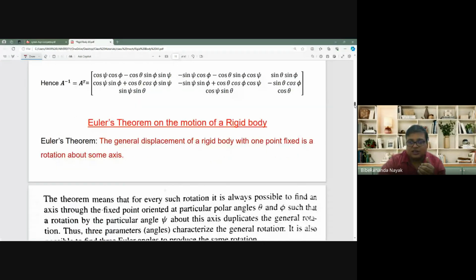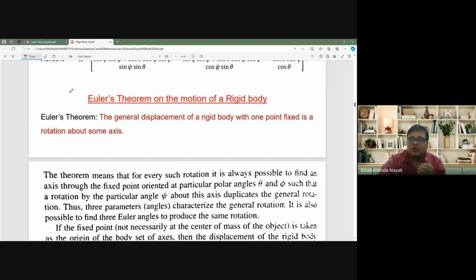Then come to the next important point, Euler's theorem on the motion of a rigid body. Euler's theorem tells that the general displacement of a rigid body with one point fixed is a rotation about some axis. If that reference point is fixed, then the displacement means only rotation.